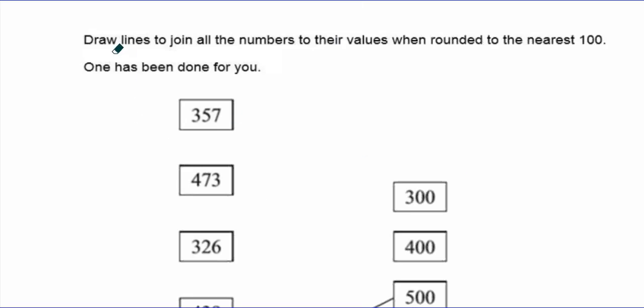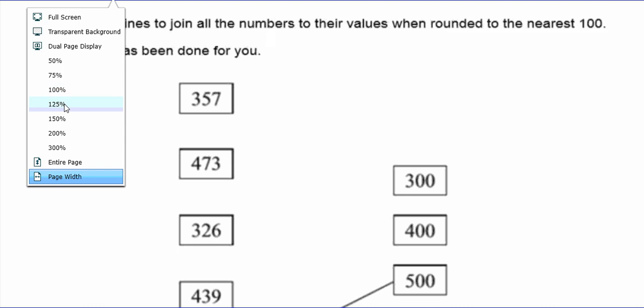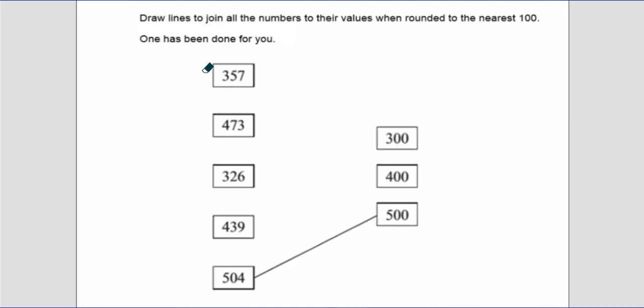Okay, draw lines to join all the numbers to their values when rounded to nearest 100. Rounding a number to nearest 100, I've taught you, so you can try that. Round this number to nearest 100.